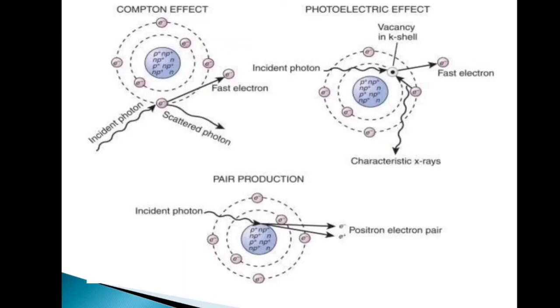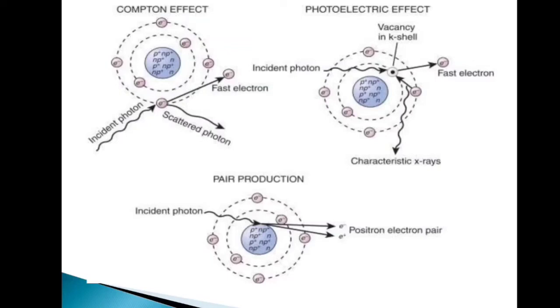This picture shows the different types of effects, like Compton effect, photoelectric effect, and pair production. First one is the Compton effect. Compton effect is a type of scattering.